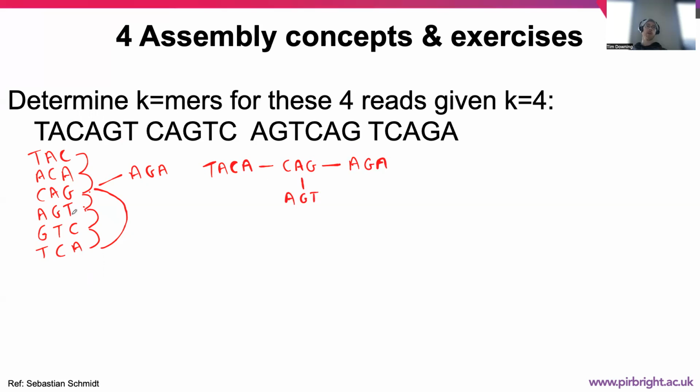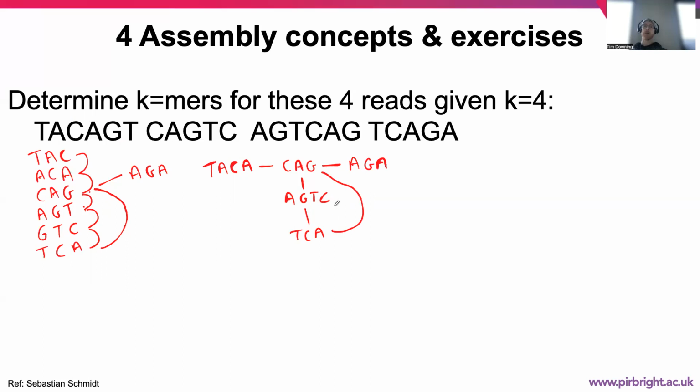And then we see for AGT's node that we have a connectivity of two nodes for GTC. So that can be added on there. And then when we connect to TCA, because of the CA, can also connect to CAG. So you end up with a connectivity like that.